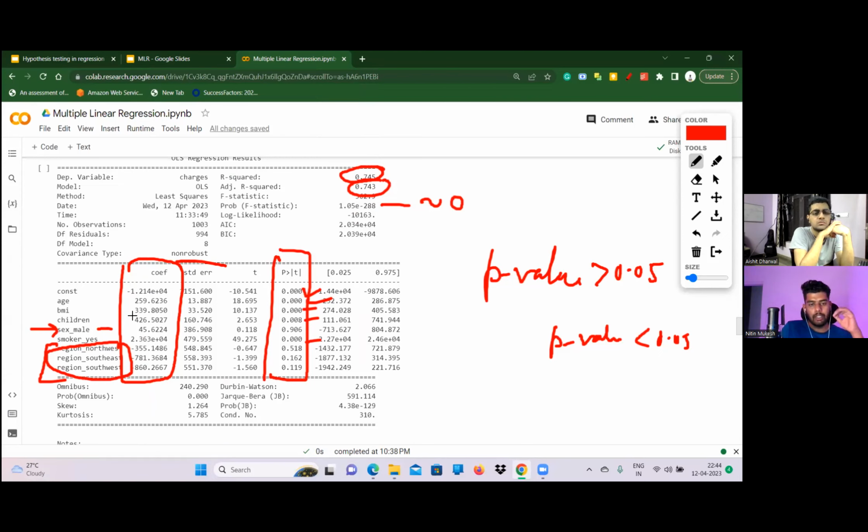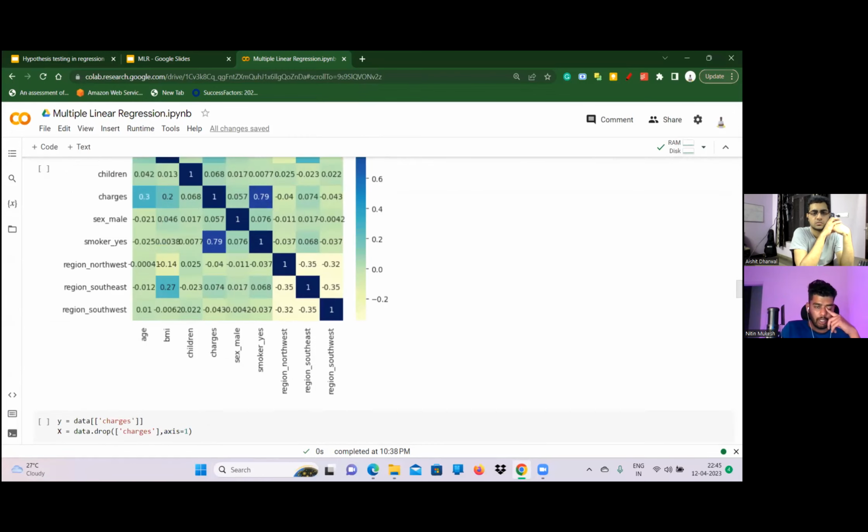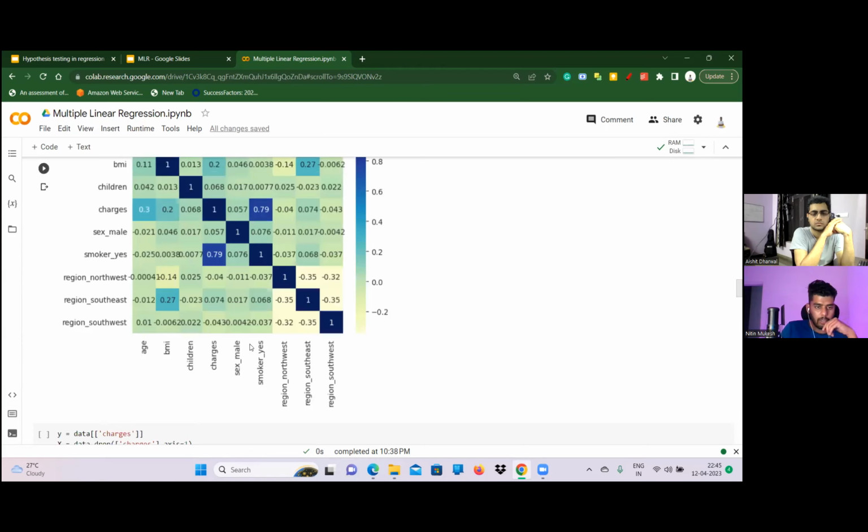So if you just remove these four variables and again calculate the regression, you are going to get almost similar R square and adjusted R square. These four features are not significant. When you see their correlation with the y in the correlation plot, you can see that northeast has very low correlation with the charges.